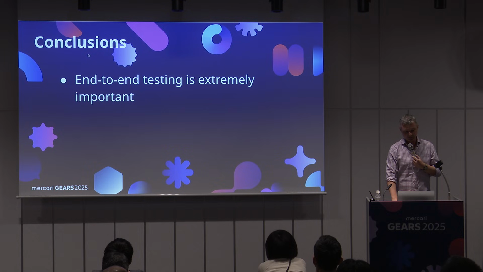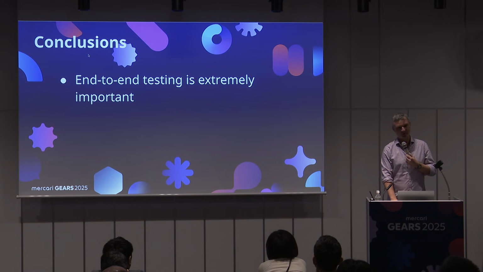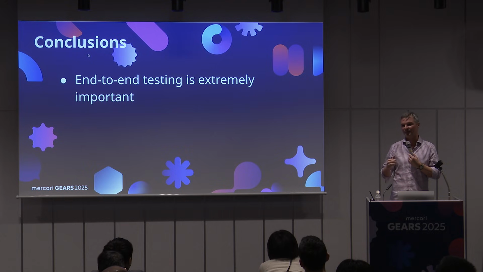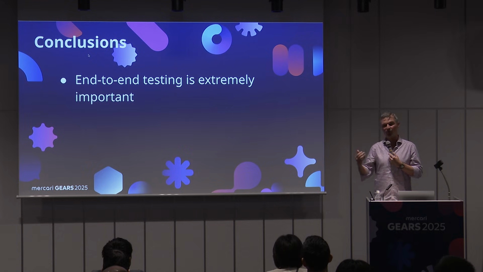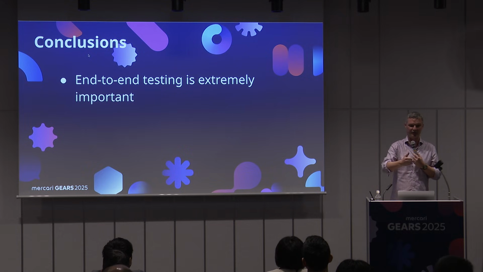If I haven't convinced you that end-to-end testing is extremely important, we have to chat some more, because to me, this is what actually makes a user going to your website and trying to purchase an item most likely to succeed. If an end-to-end test that did it passes, then the user probably is successful.